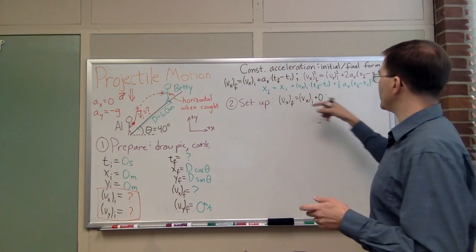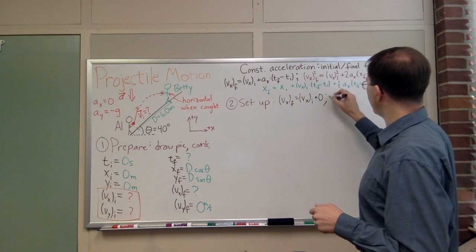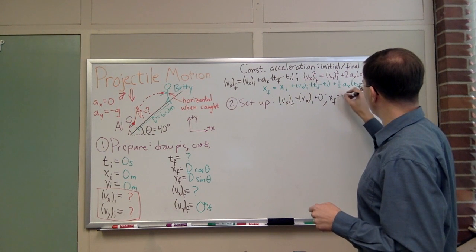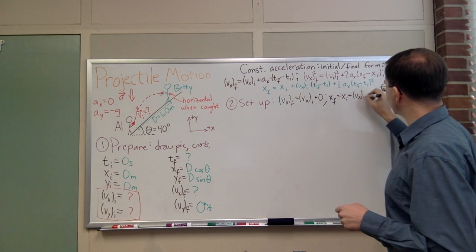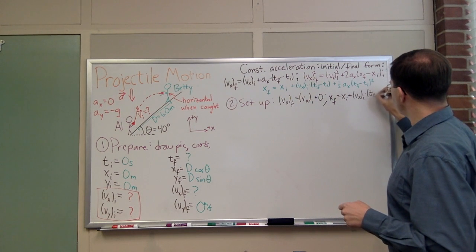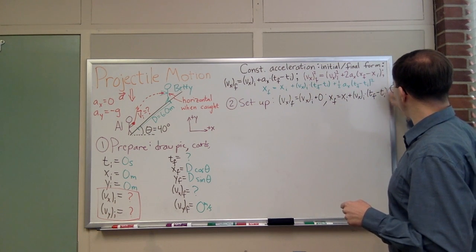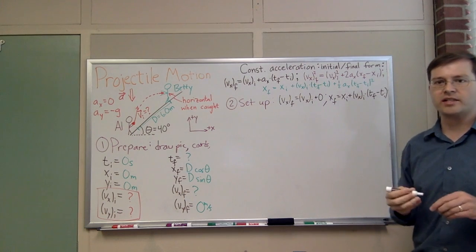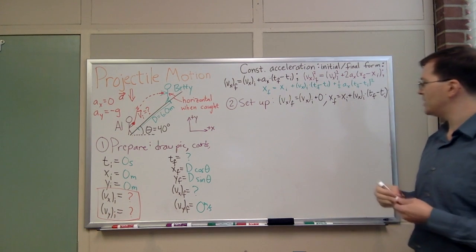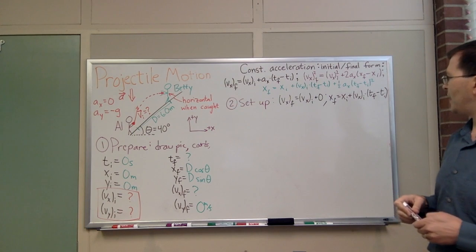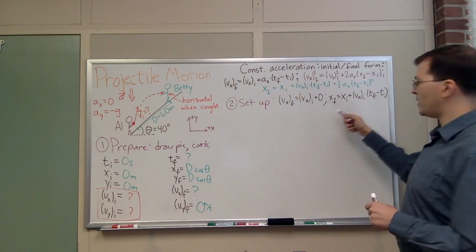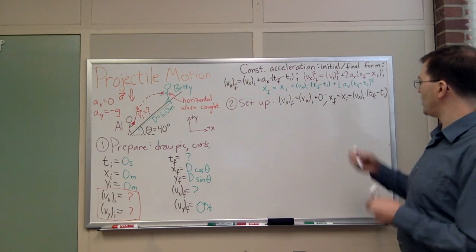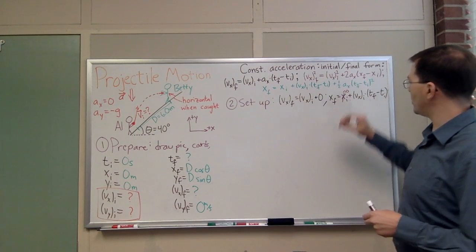Ignore it. And then there's this one that says x final equals x initial plus Vx initial times t final minus t initial. There we go. That's my x equation. That's my pair of x equations. And looking ahead a moment, I know that x initial is 0, so I'm going to eventually plug in a 0 here.